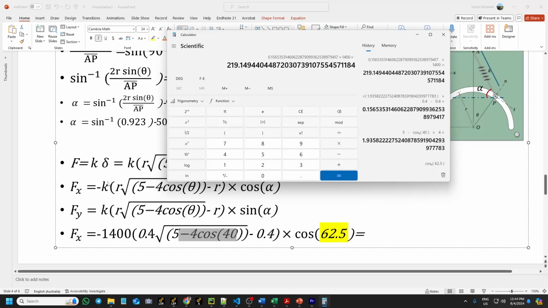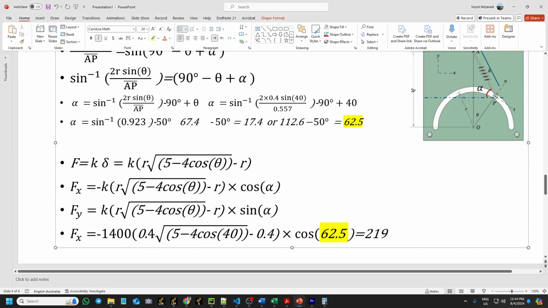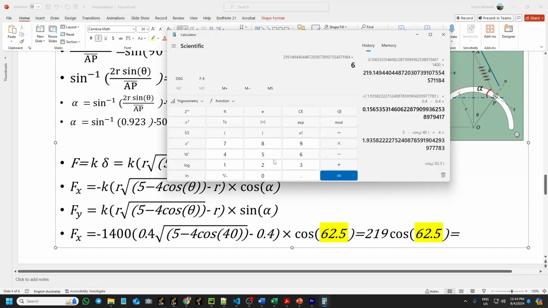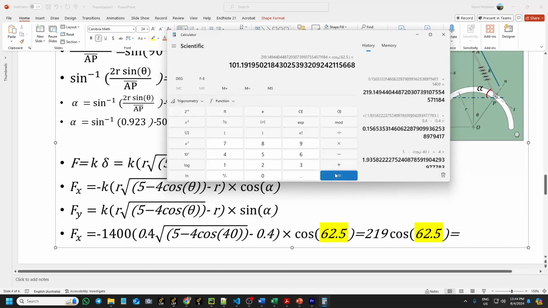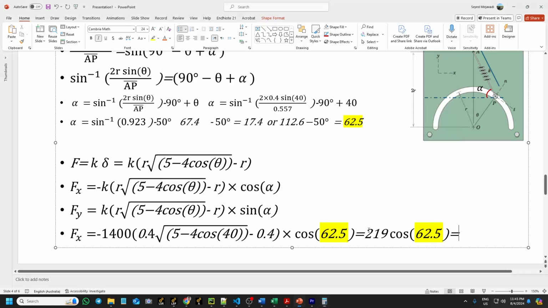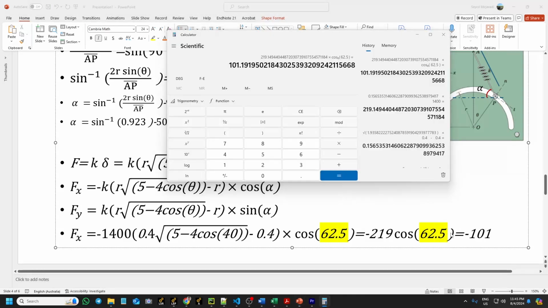Now we need to keep this number, 219 blah blah blah, and cosine of this number, which we're going to write, and put times 62.5 cos, which is 101.2, but we also have a negative sign here. 101.2.